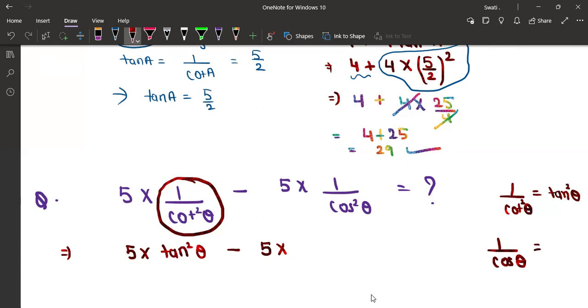Try to find out from that formula that we had written. What was the reciprocal of cos? Reciprocal of sine was cosec. Reciprocal of tan was cot. What was the reciprocal of cos? Was it not sec theta? Right, Manya?